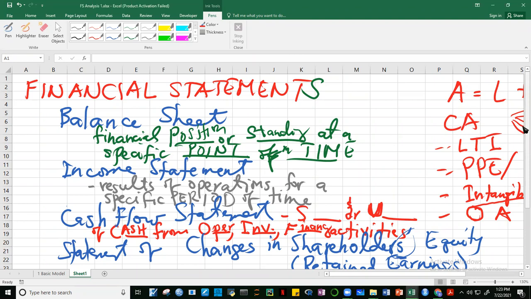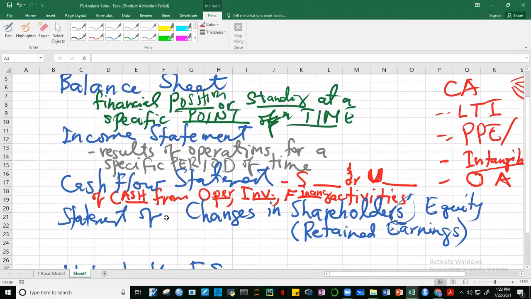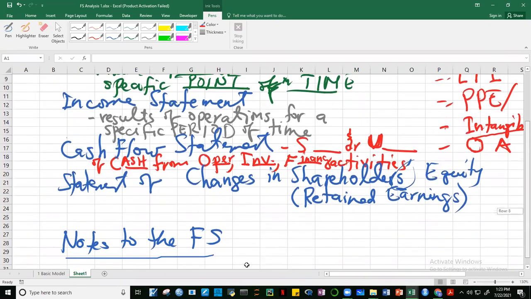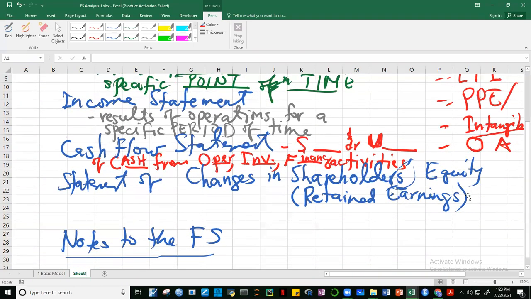Where did I stop, guys? Ito, no? Cash flow statement. Sources or uses of cash from operating, investing, and financing activities. And then you have the fourth one, the statement of changes in shareholders' equity. This shows how your shareholders' equity moved from the beginning of the year to the end of the year.